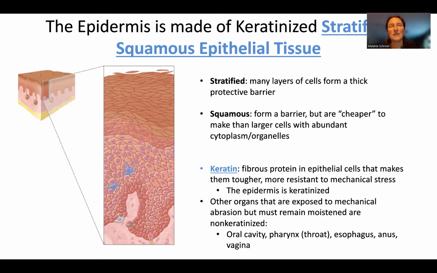So all of this tissue, the lining, is also stratified squamous epithelial tissue, but the cells are not keratinized because these cells are always moistened. They're always covered with saliva or with mucus, so they're always moistened, and so they do not need keratin.